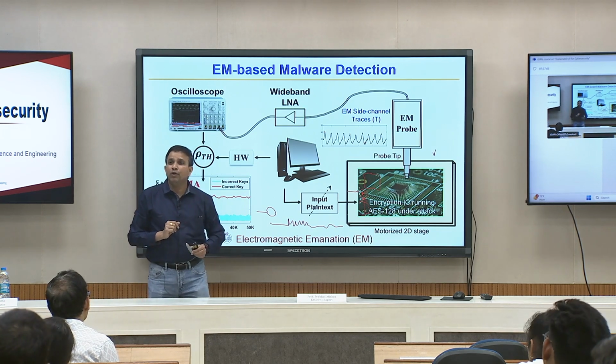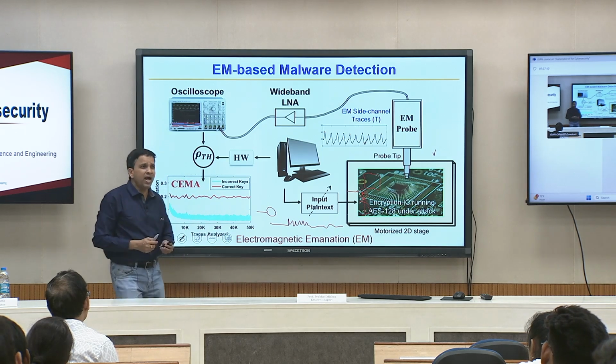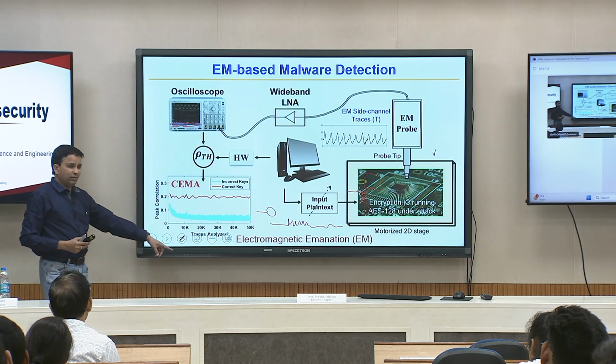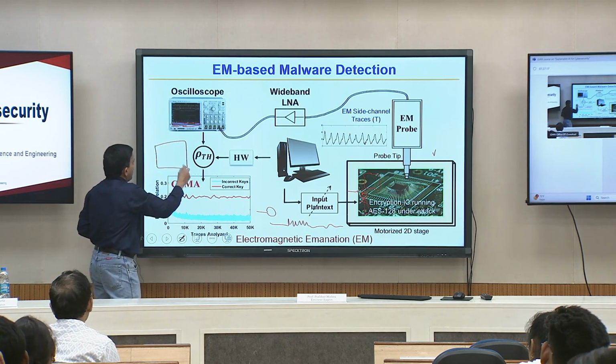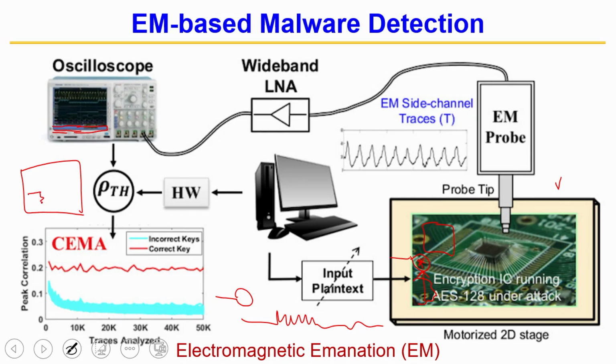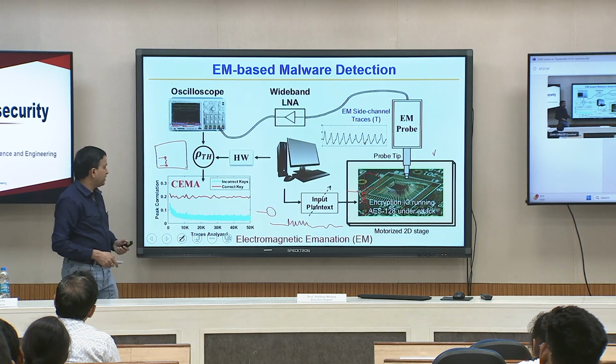You can figure out what is going on right now without touching, and the good idea of EM is that it is non-intrusive. For a power supply based attack, either you have to allow me to connect to your power supply, or your device should have some kind of transistor, you should allow me to embed in your design, so that I can measure the power consumption across that. That is intrusive. Why would you as a normal user allow me to insert a transistor in your printed circuit board or in your computer for me to do these measurements?